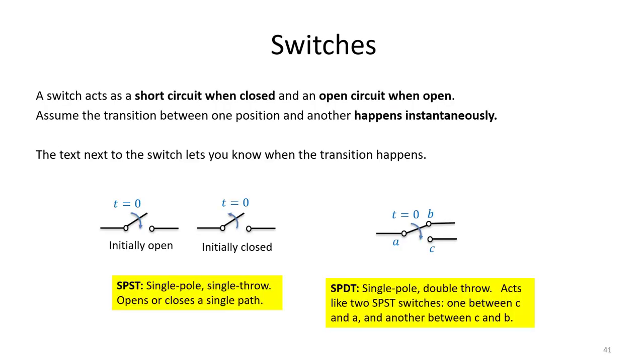All right, let's go ahead and talk now about switches. Switches are really important. And in this class, we typically model switches as shown here. We assume a switch acts as a short circuit or plain wire when closed. And when the circuit is opened, we assume it acts like an open circuit or broken wire.